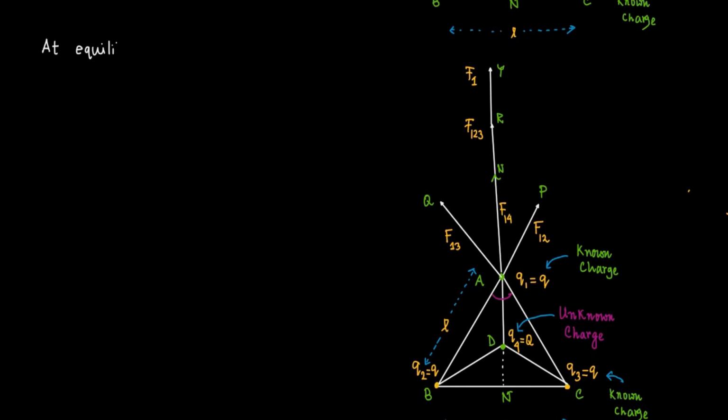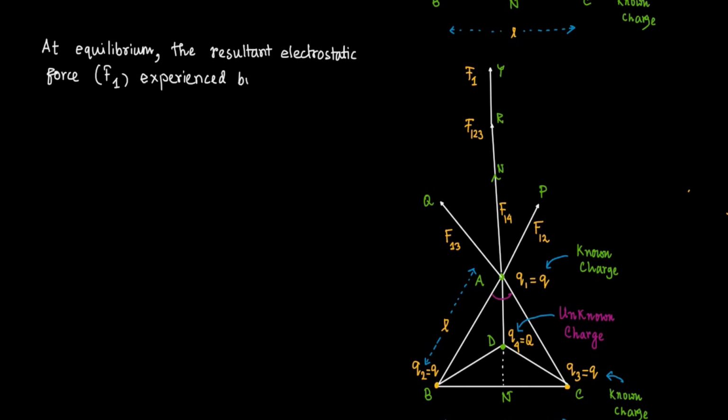At equilibrium, the resultant force experienced by the known charge Q1 at the corner A of the equilateral triangle will be 0. The resultant electrostatic force F1 experienced by the known charge Q1 equal q is 0.